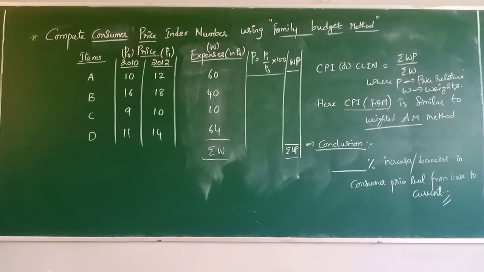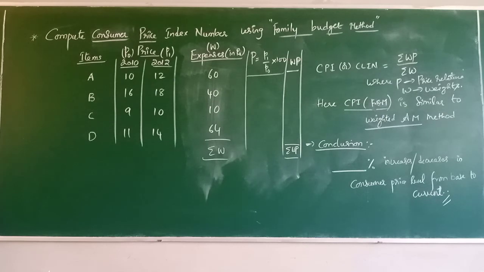Few problems, if they want, they will ask, or else they will just ask to compute a suitable consumer price index number for the following data. Suitable one means just look at the data, whether any expenses, weights or anything is given. In such cases where the weights are considered, the family budget formula should be applied. Remember, clear? So weights will be given here.